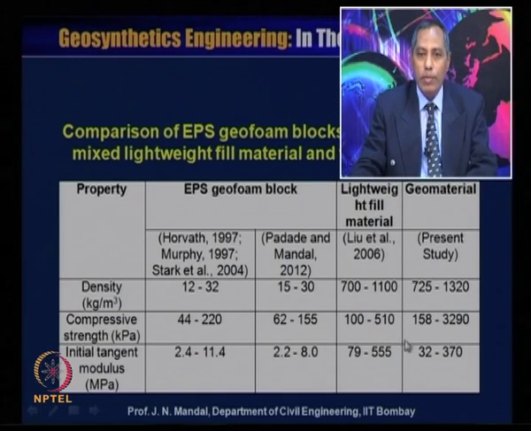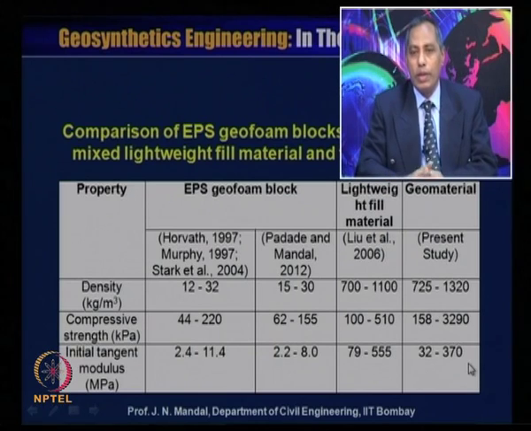Compressive strength in the case of Liu et al is 100 to 510 kilopascal, whereas in our study it is 158 to 3290 kilopascal. Initial tangent modulus in the case of Liu is 79 to 555, and in the present study 32 to 370 megapascal.